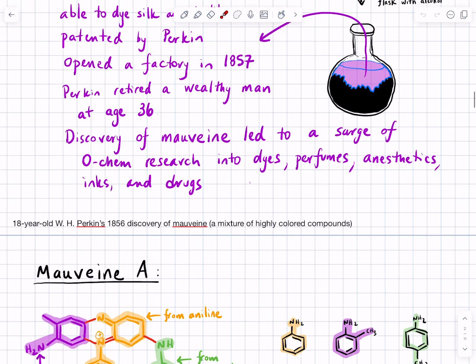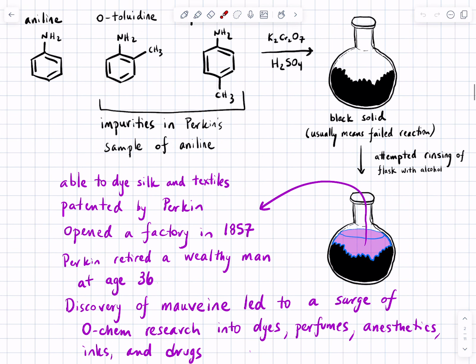No. The way that you dyed textiles was to go find various mollusks and shellfish from the Mediterranean, grind them up, and extract the dye. In fact, you can read in Acts chapter whatever it is about Lydia, a seller of purple who supported Paul and Silas in their missionary efforts.